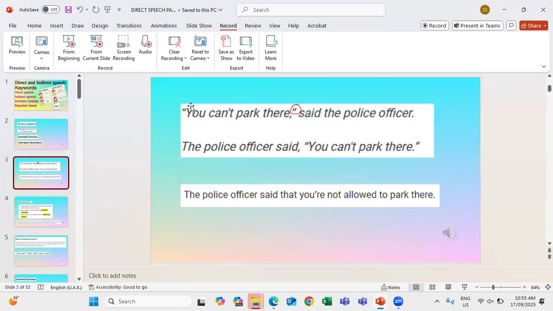If you see here, these double quotes, written like this and this, are known as the inverted commas. And direct speech is always written between these two inverted commas signs. If you see the second sentence also, we have inverted commas starting here and ending over here. So whatever is written inside that is known as the direct speech.